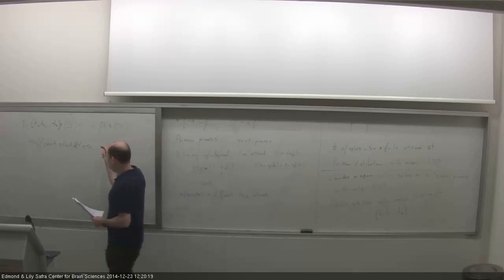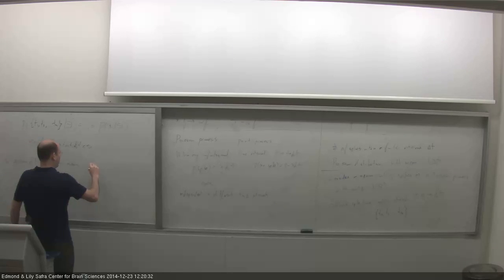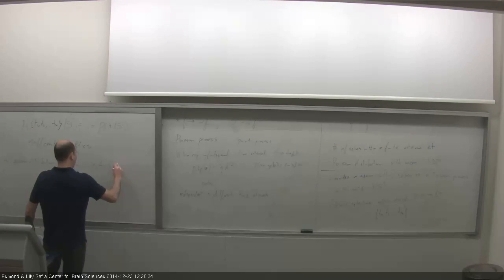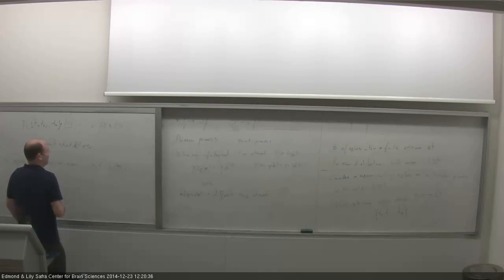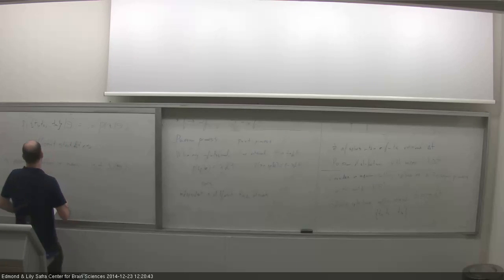N has a Poisson distribution with mean delta t times lambda of theta. And we know what is the Fisher information in a Poisson distribution that depends on a parameter.